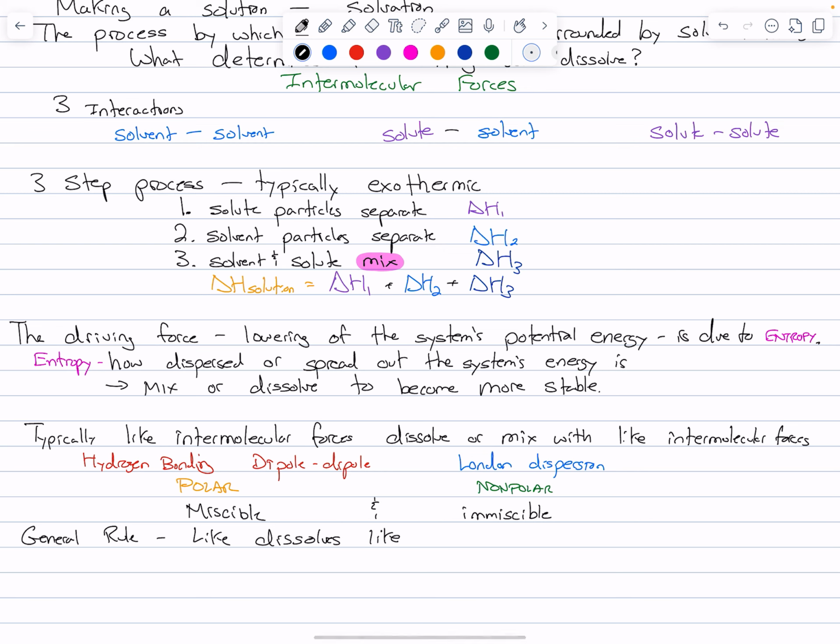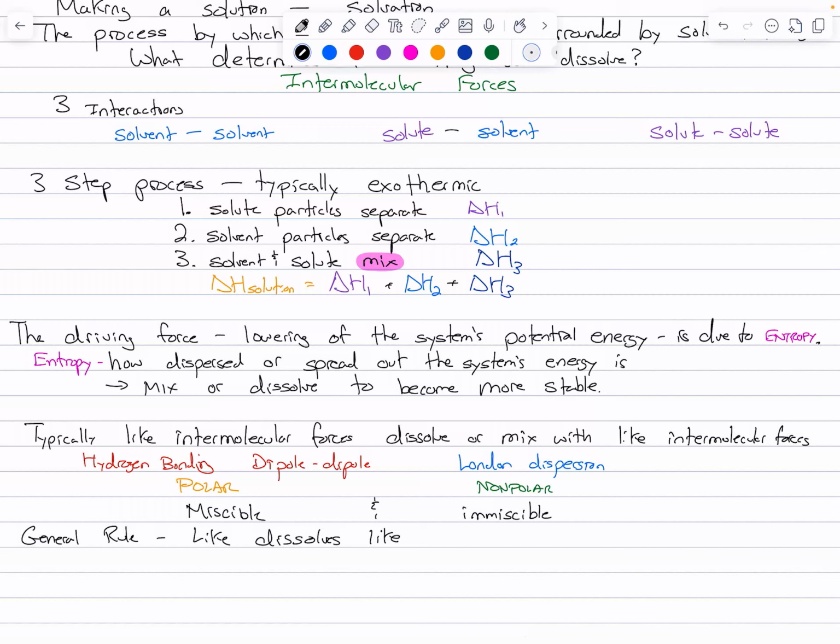If I'm a polar compound, I typically will dissolve in a polar compound. If I'm a nonpolar compound, I typically will dissolve in a nonpolar compound. Ionic compounds typically will dissolve in polar compounds like water, but not all ionic compounds do. There's more to that story. Sodium chloride obviously does. Calcium phosphate does not. Chalk.